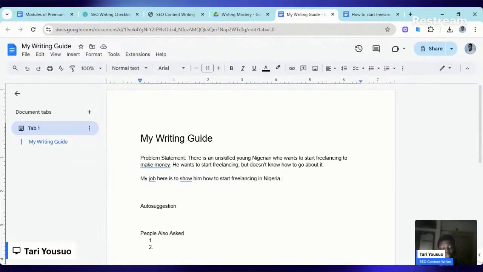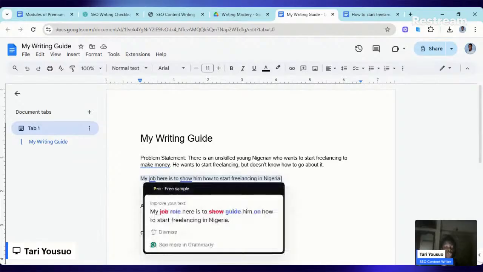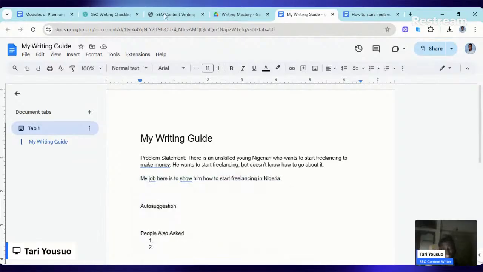So my job here is to show him how to start freelancing. Now I have identified the problem. The problem is that there is an unskilled young male in Nigeria who wants to start freelancing but doesn't know how to go about it. And the solution will be to show him how to start freelancing in Nigeria.